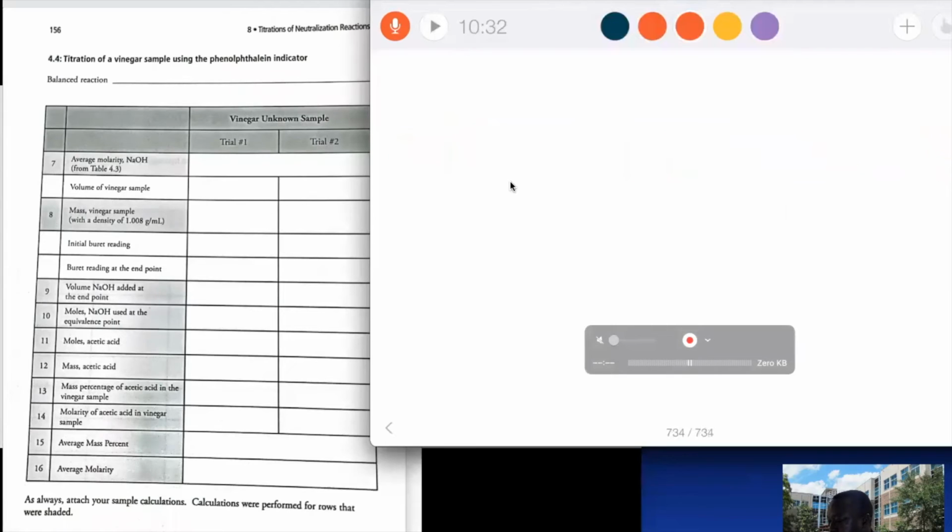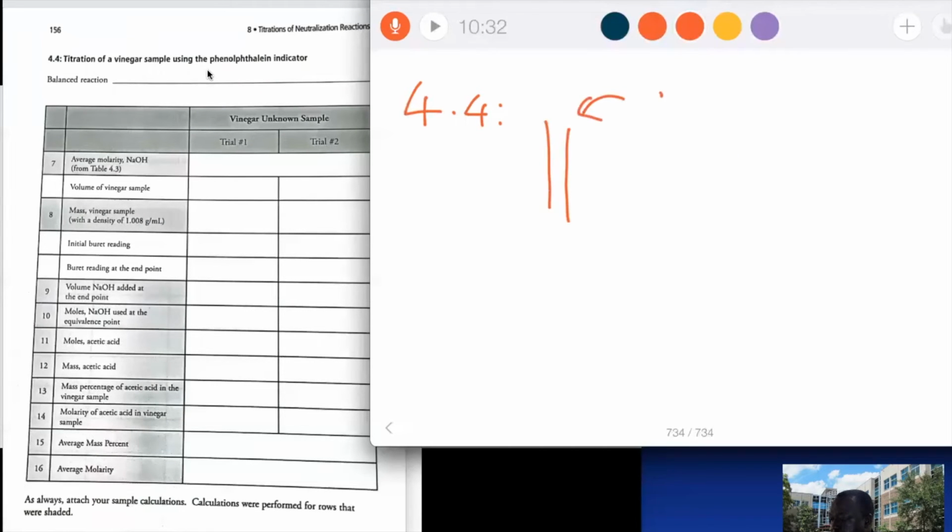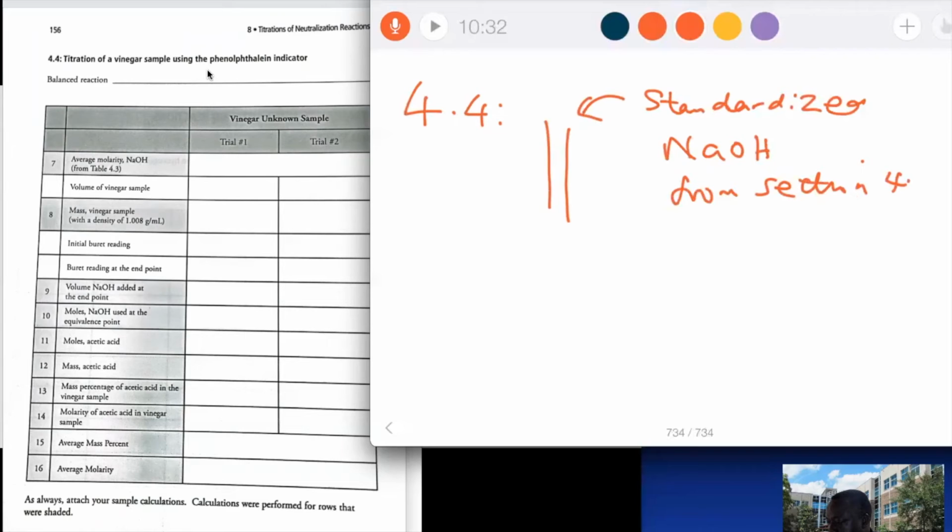Section 4.4: Titration of vinegar sample using phenolphthalein. In this case, it's assumed that the NaOH has been standardized from the previous section, using the KHP.